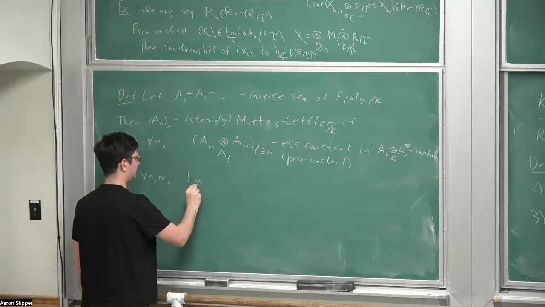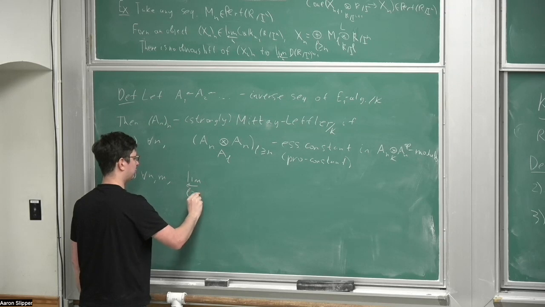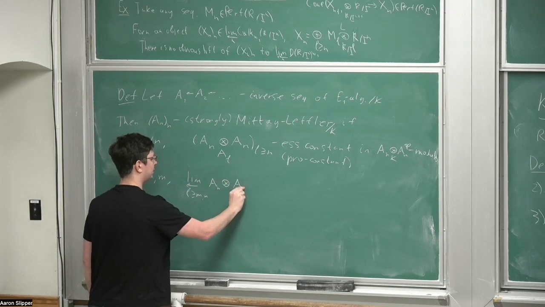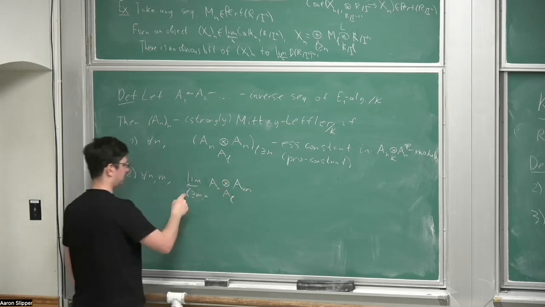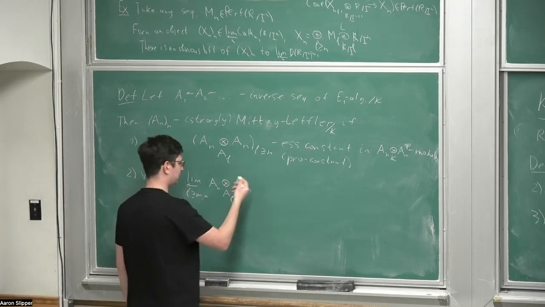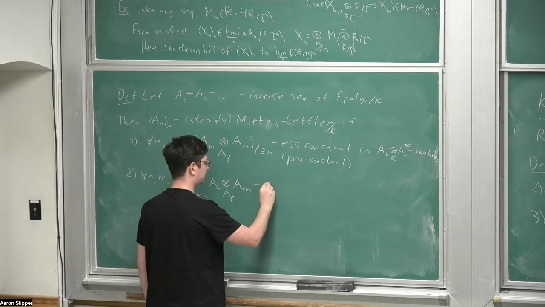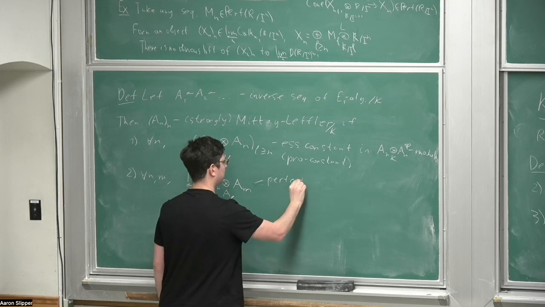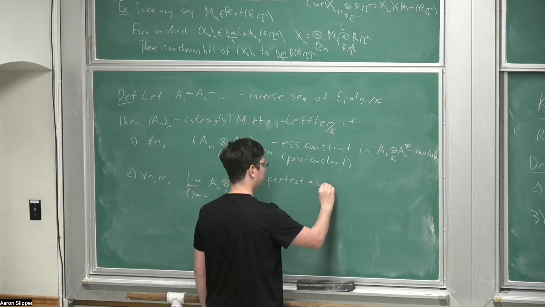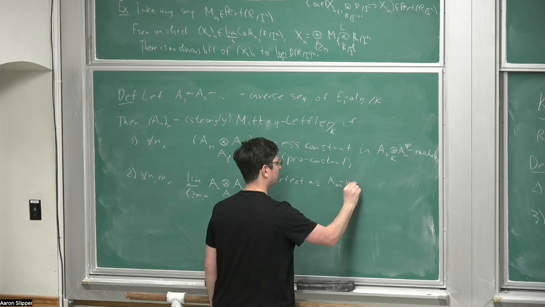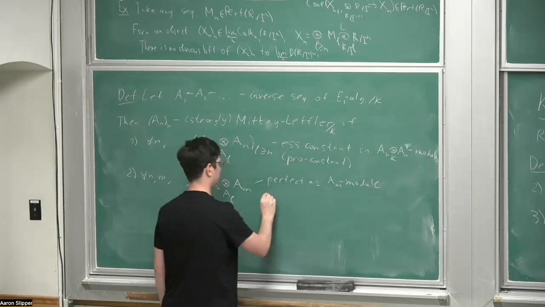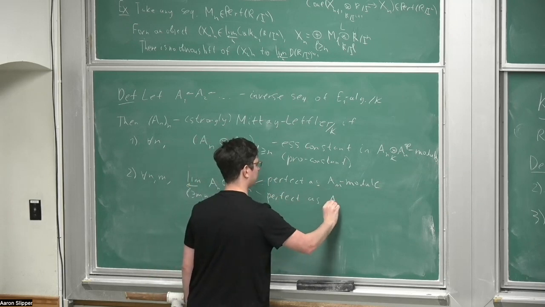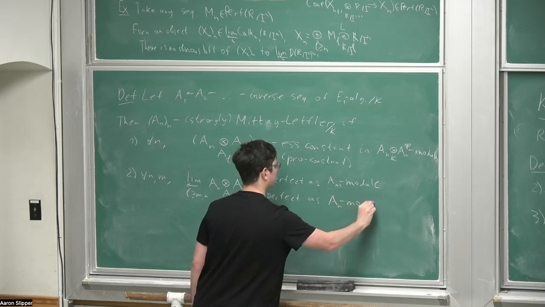The second condition is that for any n and m, if we take the limit over L greater or equal to both m and n of A_n tensor A_m over A_L, then this limit is required to be perfect as an A_m module and also perfect as an A_n module.